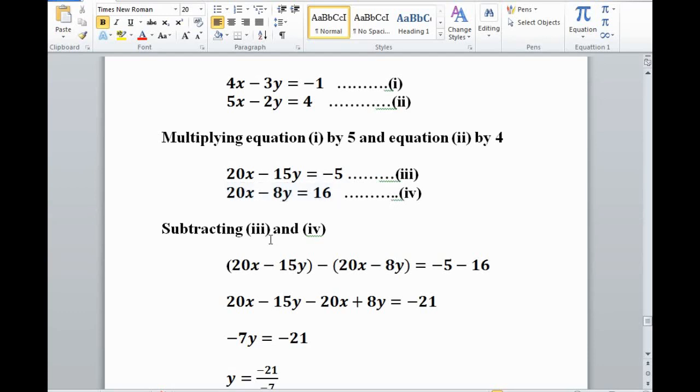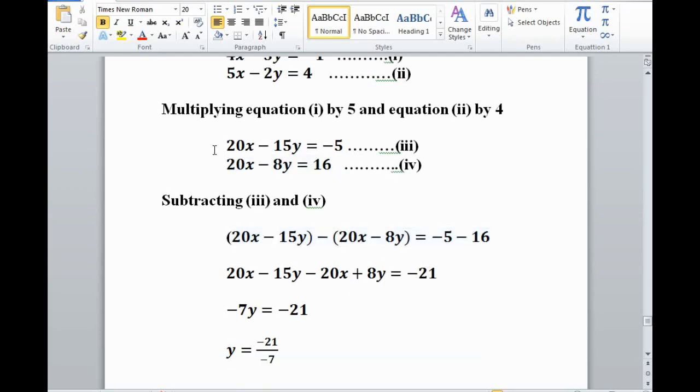To subtract equation 3 and equation 4, first I will write the left hand side of equation 3, which is 20x minus 15y, and then the negative sign with the left hand side of equation 4, which is 20x minus 8y, and then the right side of equation 3, -5, and since we are subtracting, a negative sign, and then the right side of equation 4, which is 16.